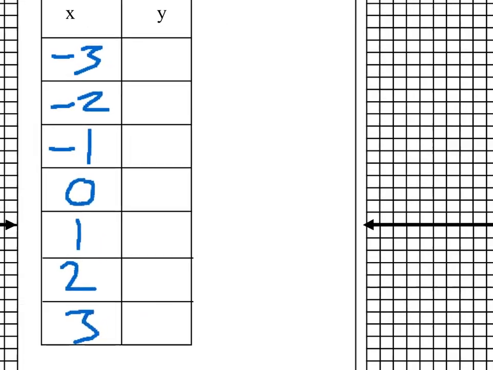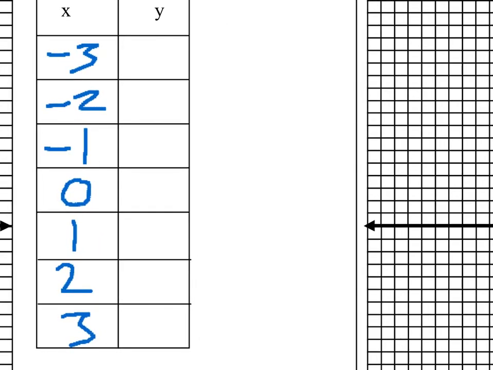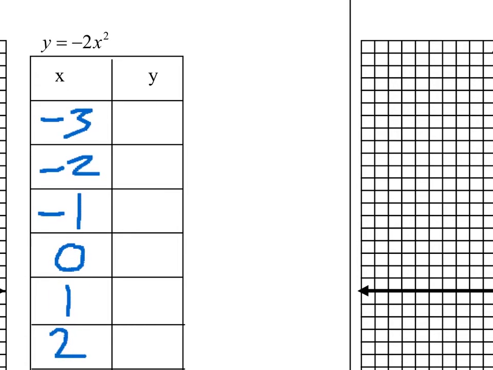All right, so let's go ahead and fill this in. Our equation is y equals negative 2 times x squared, so I'm plugging in negative 2 times negative 3 squared. Negative 3 squared is what?